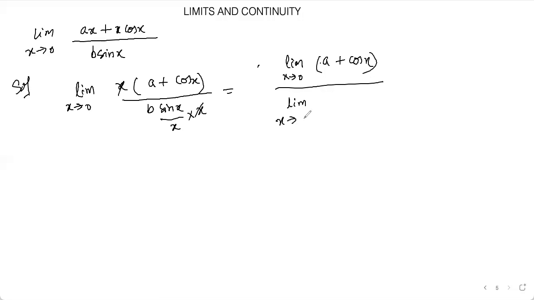I'll have x and b sin x, so b sin x by x, right? So we know that sin x by x and its limit is 1. And as x becomes 0, we will get cos 0, which is 1. So in the numerator you will have a plus 1 divided by b. So that is the final answer.